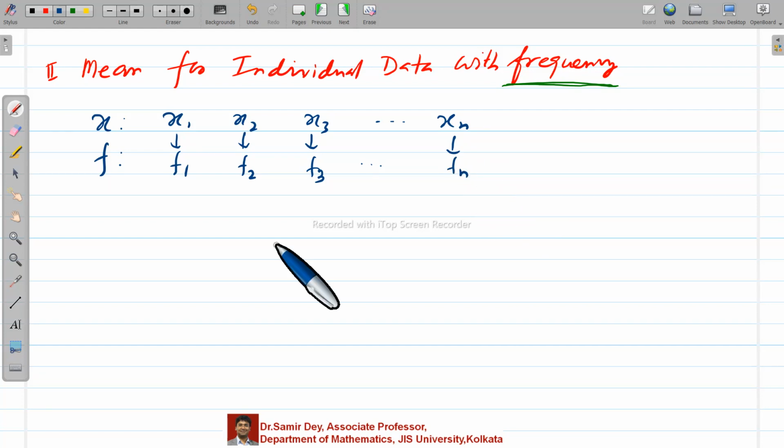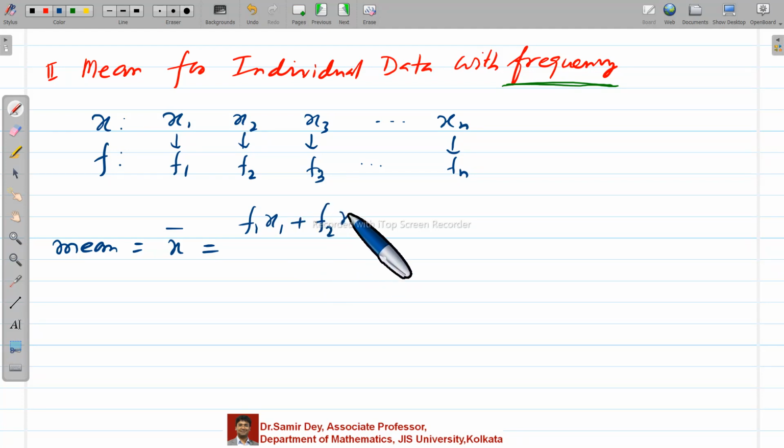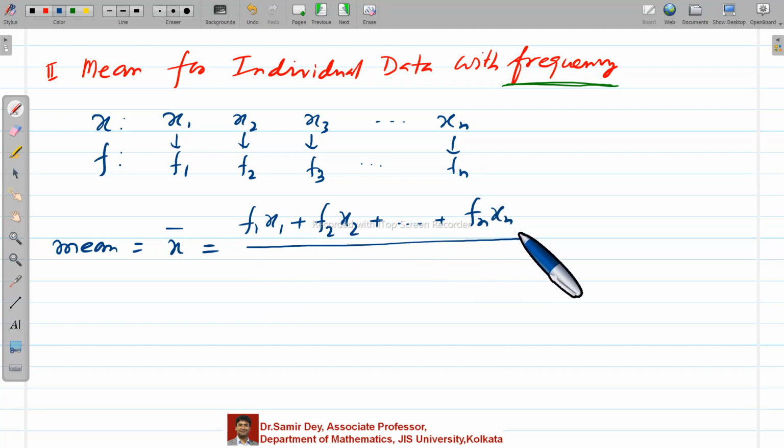If I have this data, the mean x bar is equal to f1 x1 plus f2 x2 plus ... plus fn xn, then divided by f1 plus f2 plus f3 plus ... plus fn. Clear? So first you have to identify how many f you have.